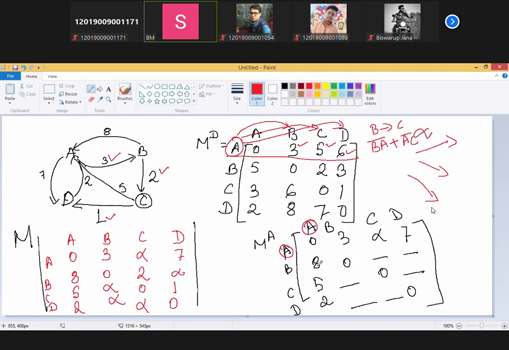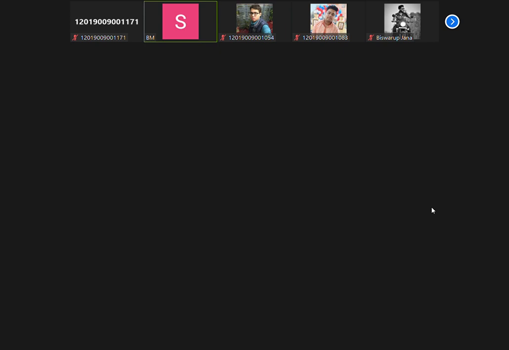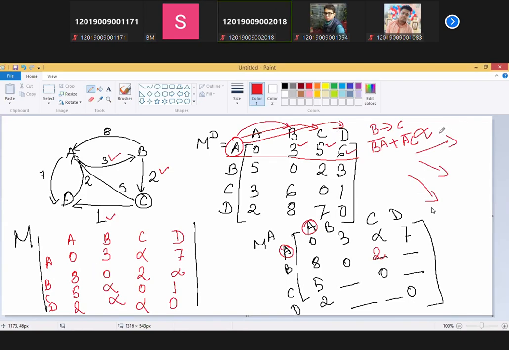And original B to C distance is 2. So 2 is minimum as compared to 8 plus infinity. So you are taking the 2. If you are going for B to D, then the distance of B to D is 7, compared to B to A plus A to D. This is infinity and this is 8 plus 7, that will be 15.